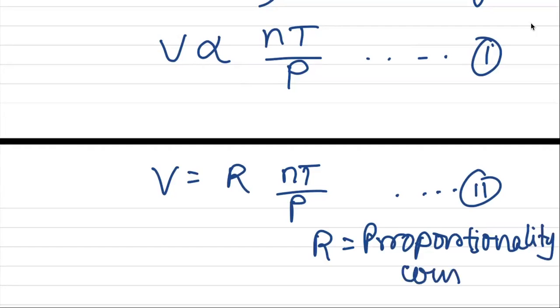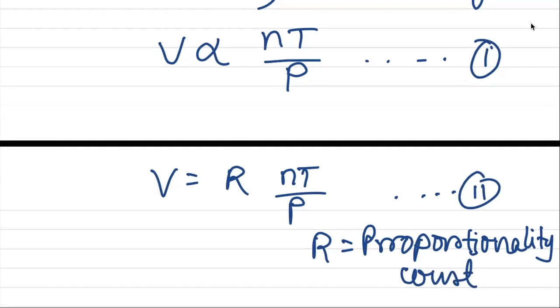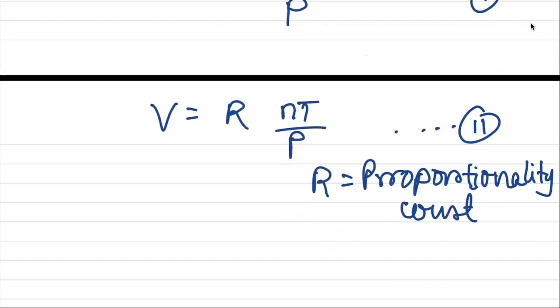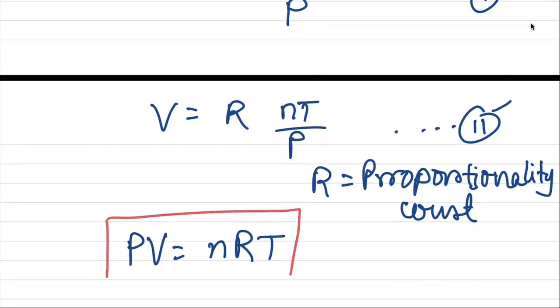Now, if we rearrange this equation, that is equation number 2, we can write the equation like this: PV equals nRT. Yes or no? We can write the equation like this: PV equals nRT.